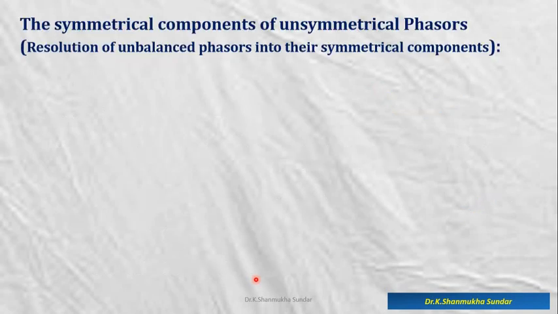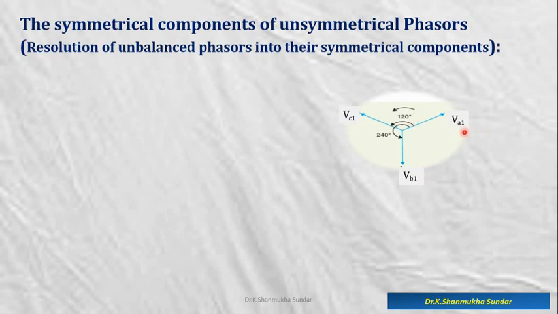Now let us take the symmetrical components of unsymmetrical phasors. Now what happens here? This one is the positive sequence component. Suffix 1 indicates it is a positive sequence component of an unbalanced vector. Now VA, VB, VC.